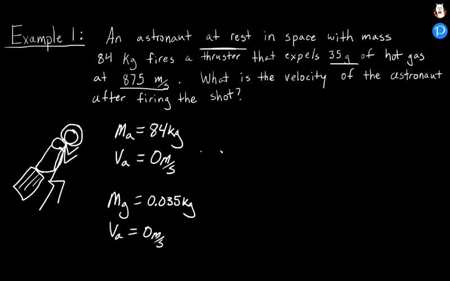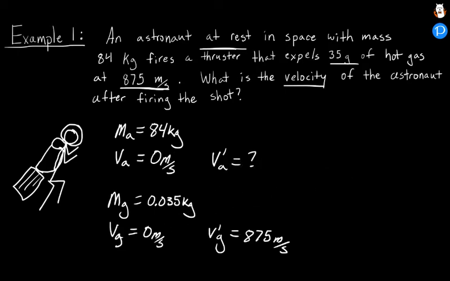And then we know that the final velocity of the gas, whoops, I should put G, not A there, is 875 meters per second. And they want to know, what is the velocity after this? So here's the velocity of the gas. What is the new velocity of the astronaut going to be after this?